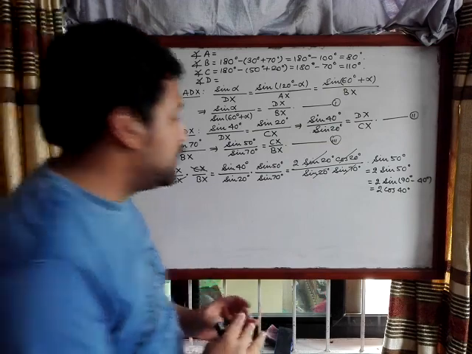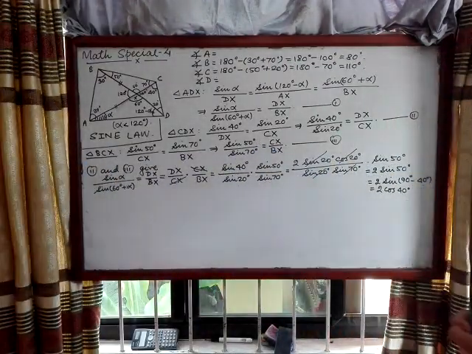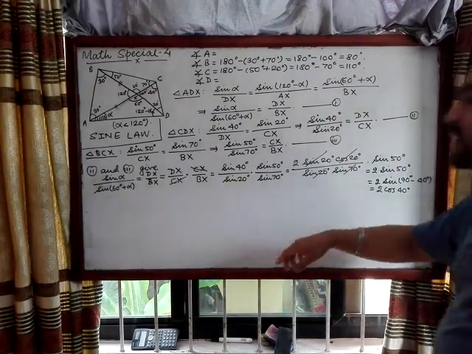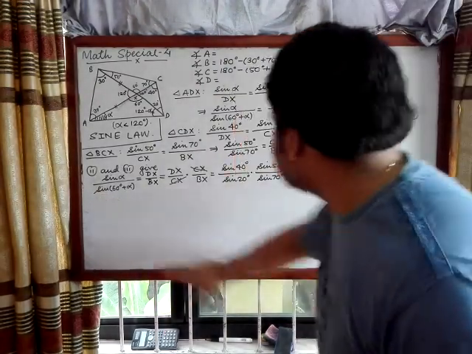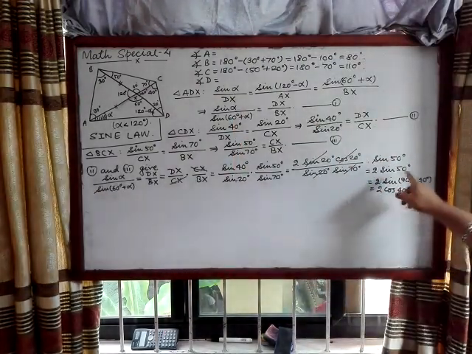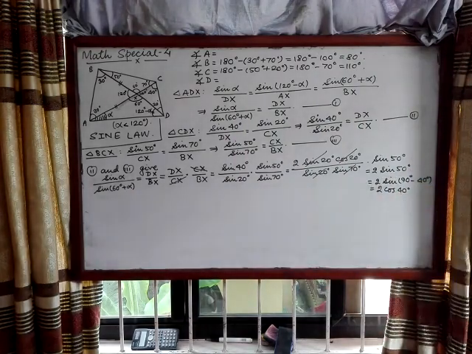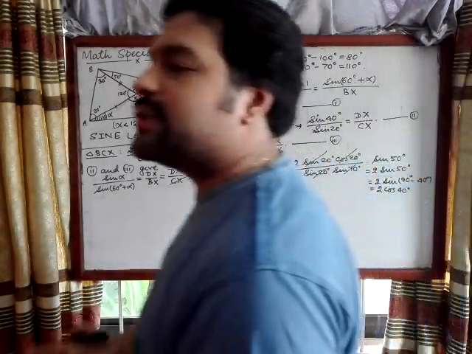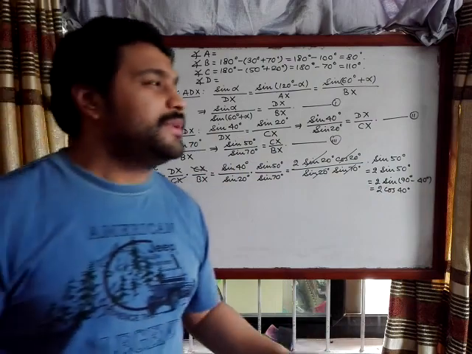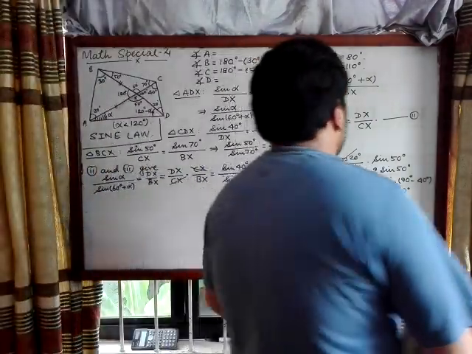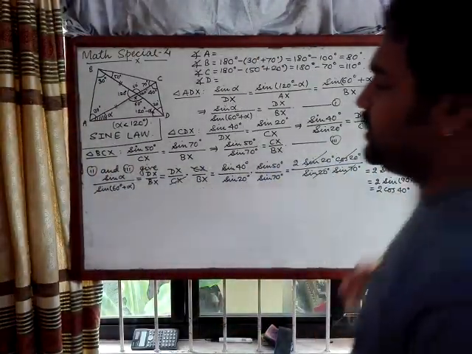That's why I'm trying to use cos here. If we use sine, then we multiply this with sine 50, then we get something with cos, and we need to convert it into sine again. That will be a little bit tedious, so I converted this into cos right here.